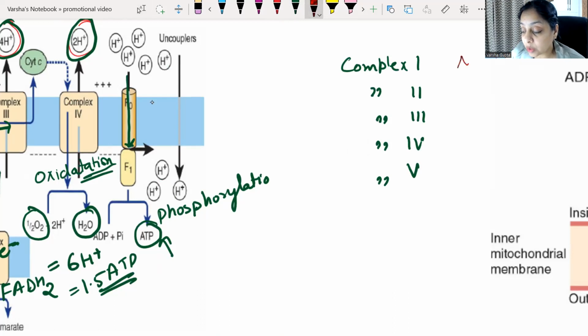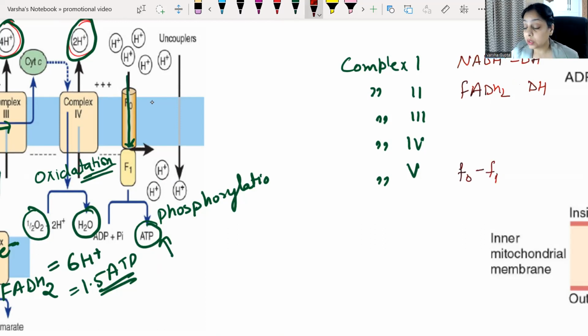Complex 1 is what? Complex 1 accepts the electrons from NADH. You can call it NADH dehydrogenase also. The second one accepts from FADH2, so it is fumarate dehydrogenase or FADH2 dehydrogenase. Complex 5 is ATP synthase, and it is composed of the FOF1 particle.